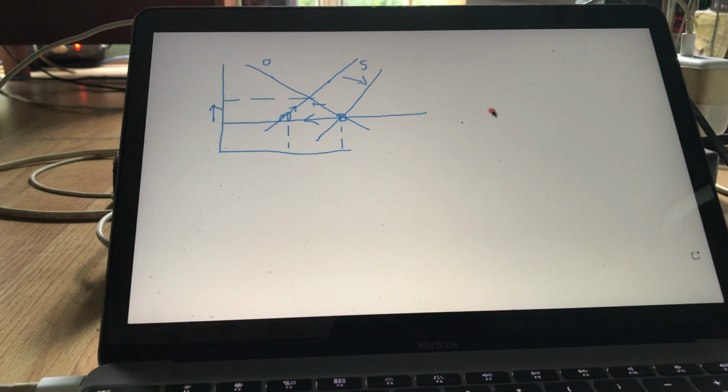So this question is a bit difficult. You may make a mistake when translating the information in the question, and you may make a mistake when you translate the answer, to keep the domestic currency from losing value.